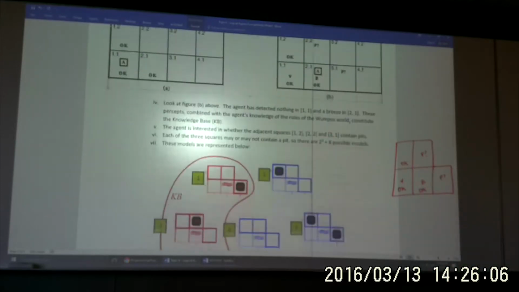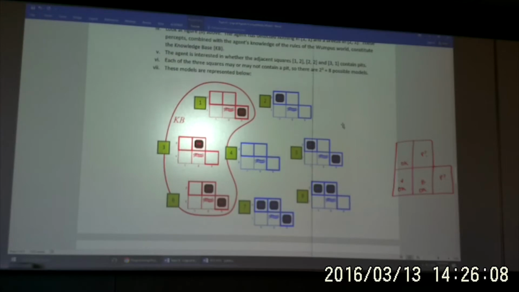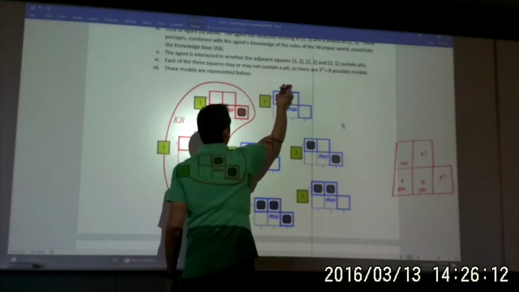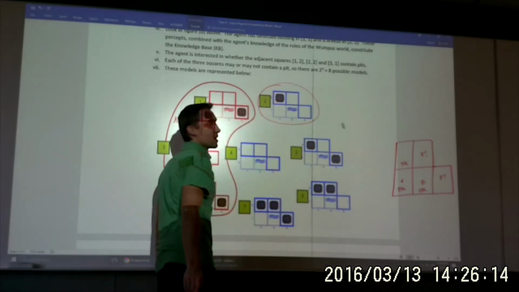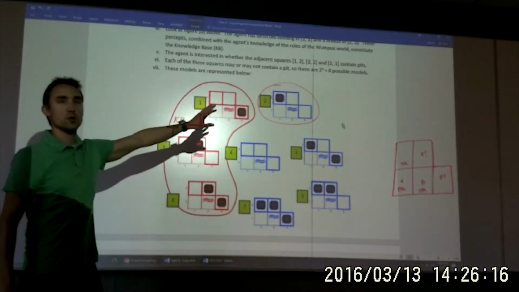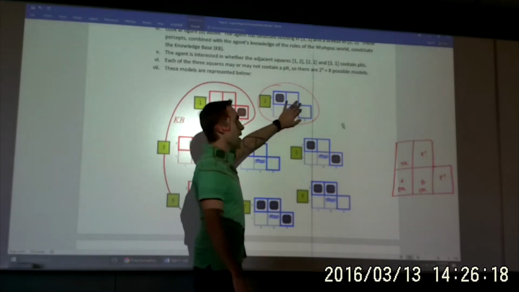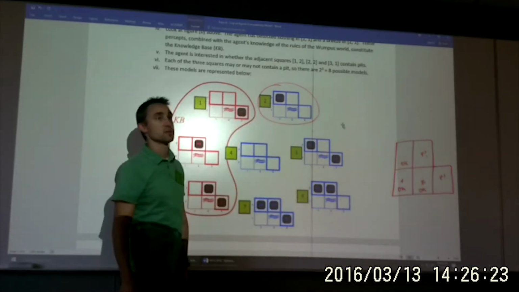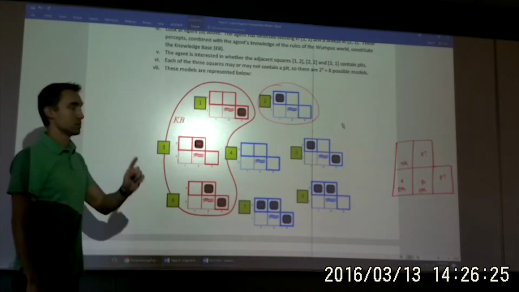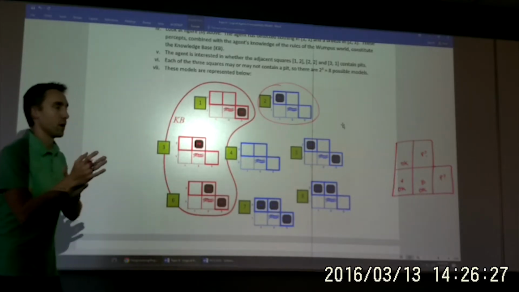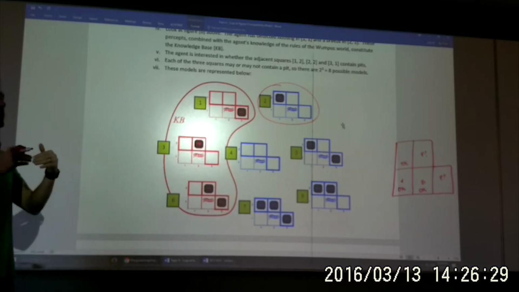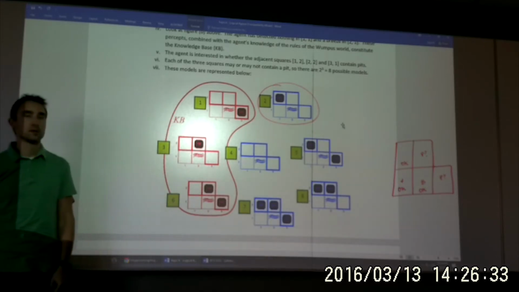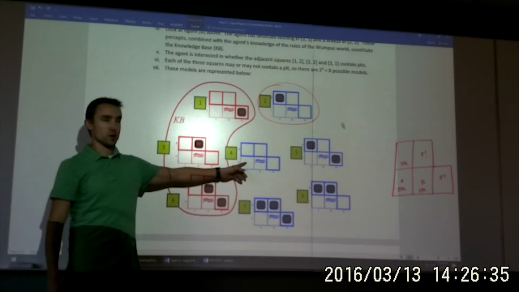So when we come down here and we look at the models that we generate, why is this one in blue? Is this possible? No. Before we knew that this was a breeze, was this possible? Yes. Well, no, because the pit. You're right, let me say this. Before we got into the world, was this possible?